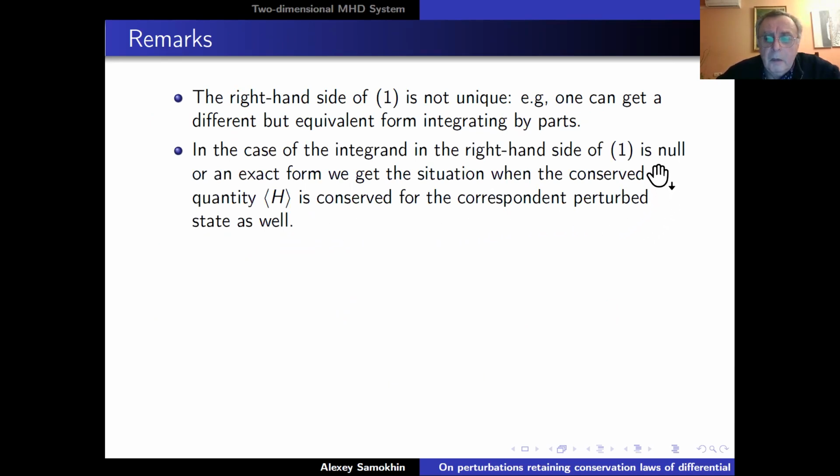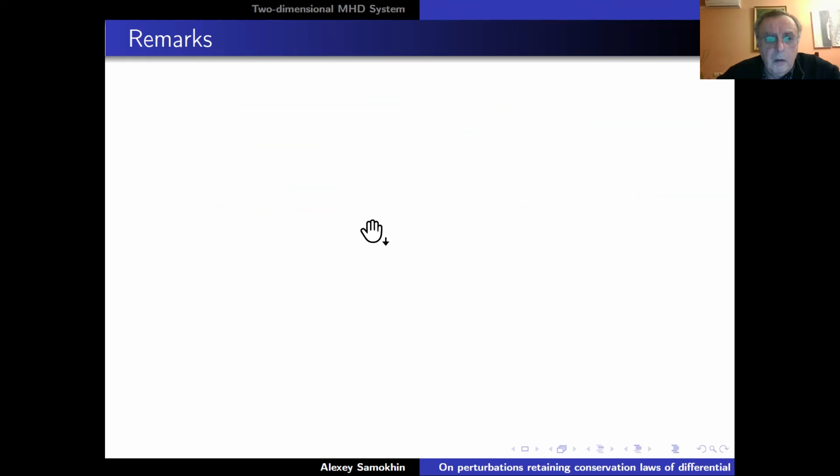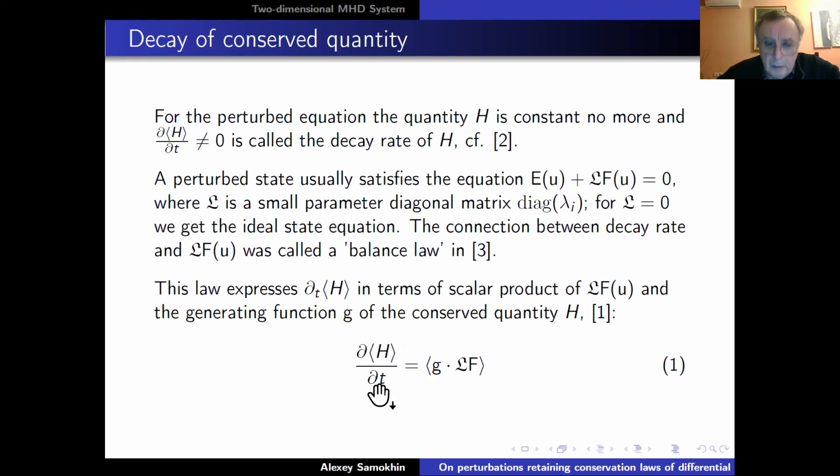But it may be so that the right-hand side is simply null, or it may be in effect an exact form. Then you can see that this conserved quantity still retains the 0 right-hand side, and still it is a conserved quantity in spite of this additional term in an equation.